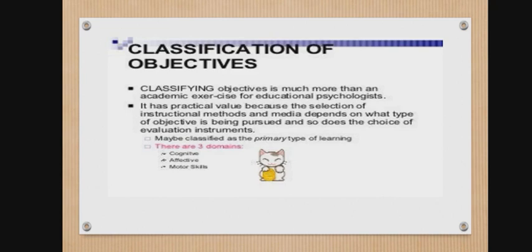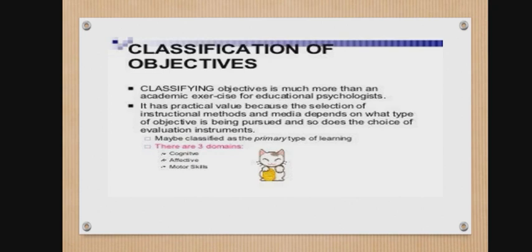Classification of objectives: classifying objectives is much more than an academic exercise for educational psychologists. It has a practical value because the selection of instruction methods and media depends on what type of objective is being pursued, and so does the choice of evaluation instrument.